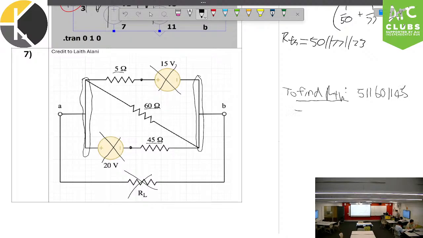So that would be equal to RAB, which is also R Thevenin. And this actually comes out to be equal to 4.186 ohms, if you just want to check your answers.